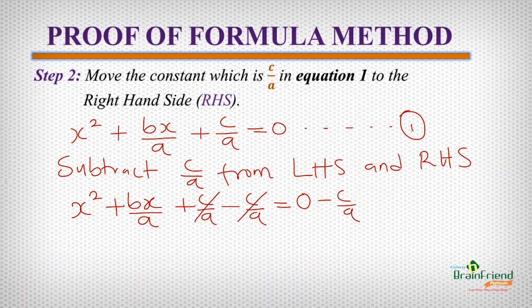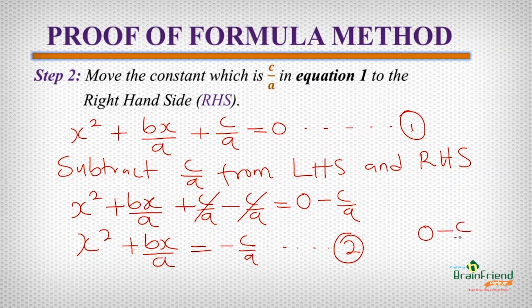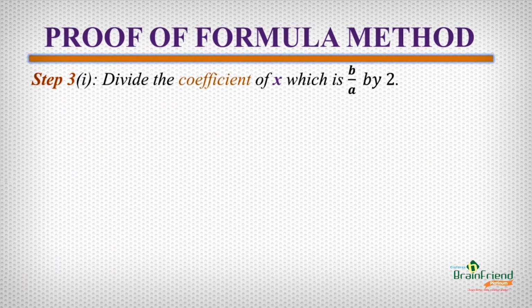So we'll now have x squared plus bx over a is equal to minus c over a. So let's call this equation 2. Please note that 0 minus c over a is equal to minus c over a.